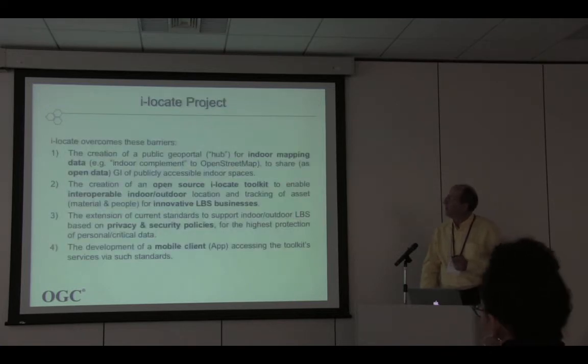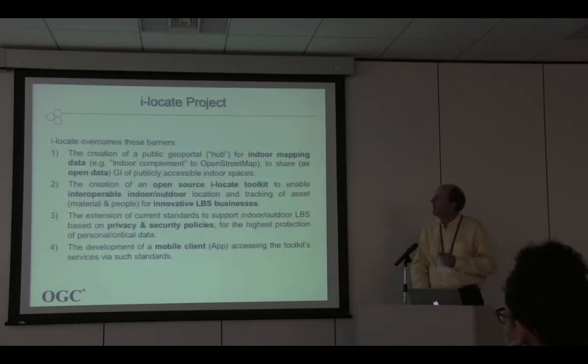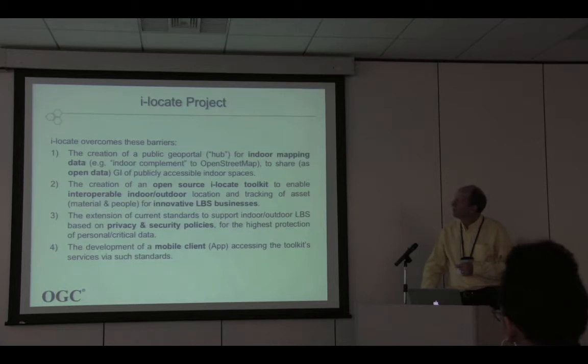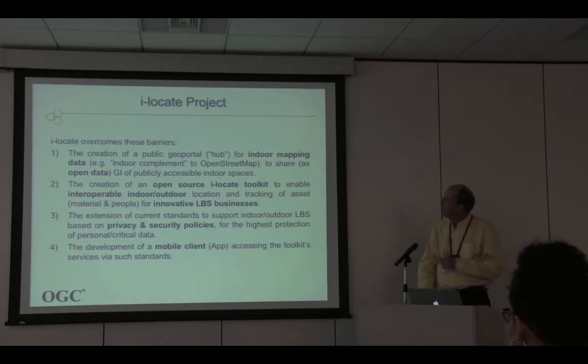There's a project going on right now in Europe called iLocate. Some of you have met Giuseppe Conte, who is the leader of this project from Trilogis, and they're all about overcoming these 3 barriers, creation of a public geoportal for indoor map data, so creating an indoor map.